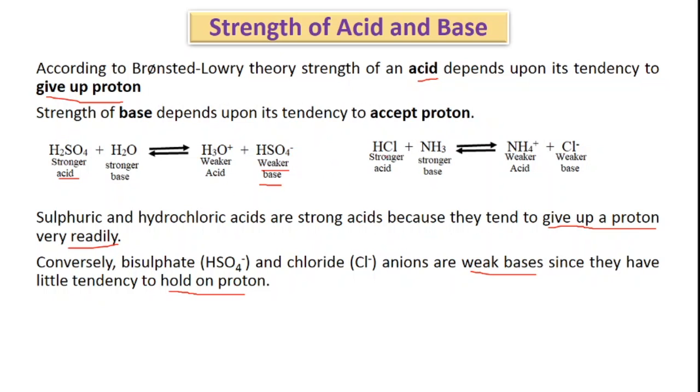H2SO4 and HCl are strong acids, so their conjugate bases, bisulfate ions and chloride ions, are weak bases. Now consider the reaction between ammonia and water. Ammonia is a very weak base while water is a very weak acid, and so the conjugate acid of ammonia, that is ammonium ion, is a stronger acid, and OH minus, which is the conjugate base of water, is a stronger base.